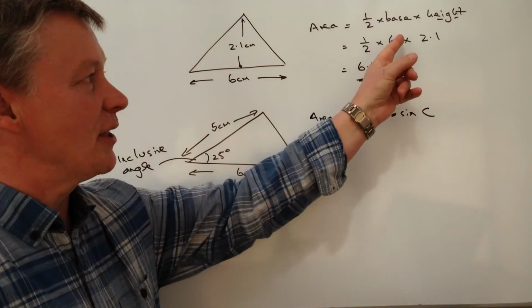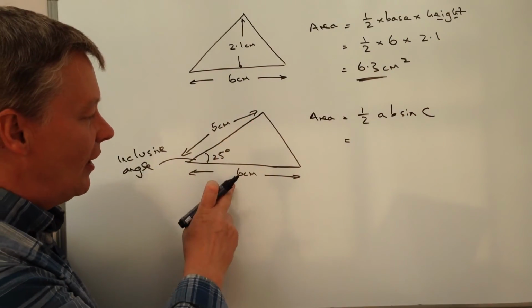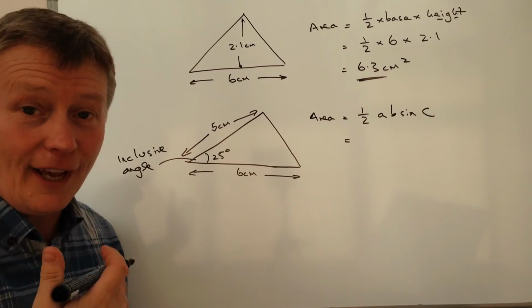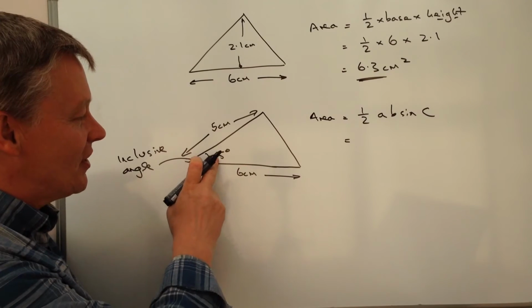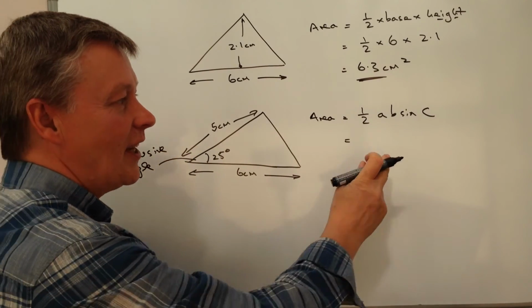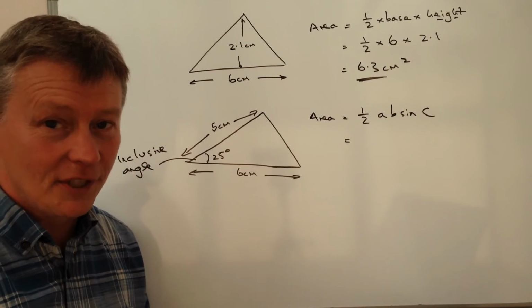Okay, so slightly different. We don't know the vertical height, but we do know, in this particular case, these two sides, which we call A and B. And we know that C, in this particular case, is the inclusive angle. But we have to get the sine of C, so you do need a scientific calculator to be able to do this.